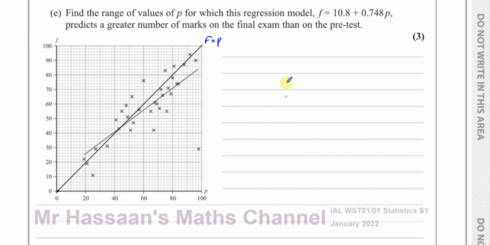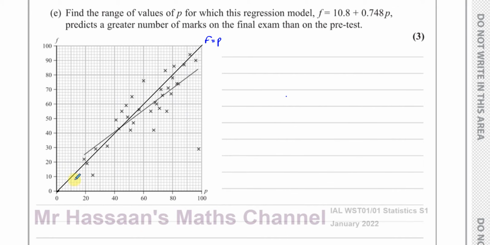So we can see that we want to find where you have a greater number of marks on the final exam than on the pretest. That's where they're equal to each other along this line. So above this line is where you're going to have the greater number on the final exam as compared to the pretest.